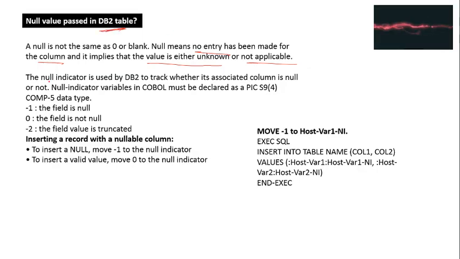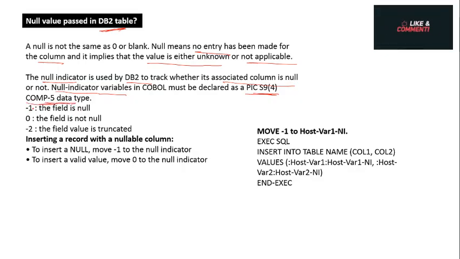So, null indicator. What is a null indicator? A null indicator is used by DB2 to track whether its associated column is null or not. The null indicator variable in COBOL must be declared as PIC S9(04) COMP data type.